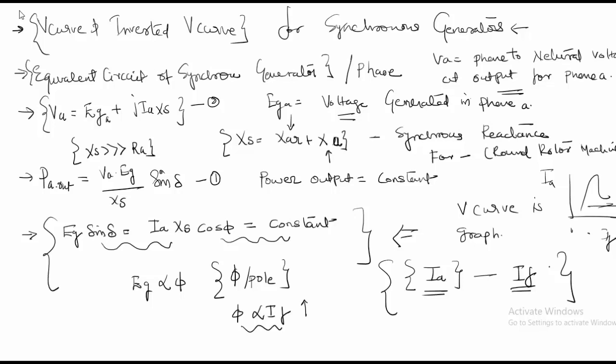By increasing the field current it is possible to increase the flux, and by decreasing it, it is possible to decrease the flux. Based on your flux, the EG voltage which is generated will change. EG will decrease when my flux decreases; in one case the IF will increase, and in the other case the IF will decrease.